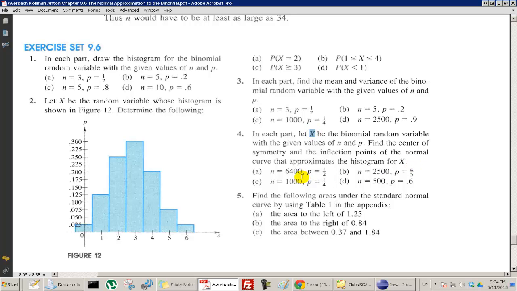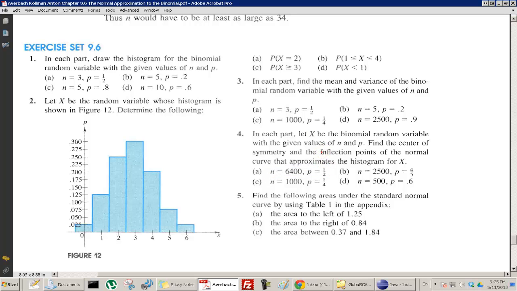So the normal curve that approximates it is, we get mu is what? np, so it's just this number times this number. And the inflection points will be, you have to calculate the standard deviation, which is square root of npq, and then you take mu, which you've just calculated here, and do plus that and minus that, plus the standard deviation and minus the standard deviation.